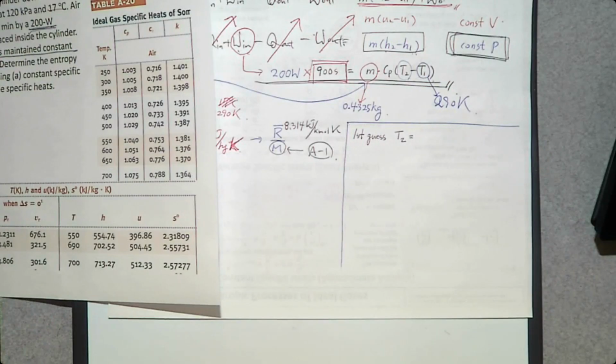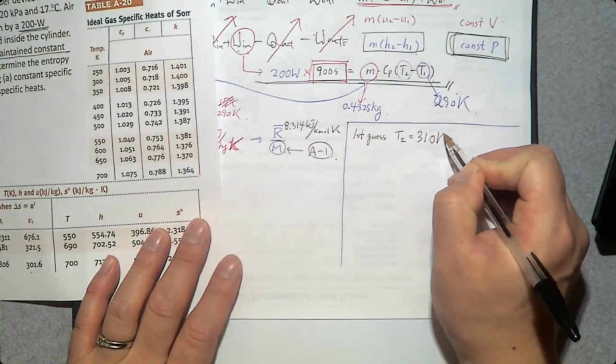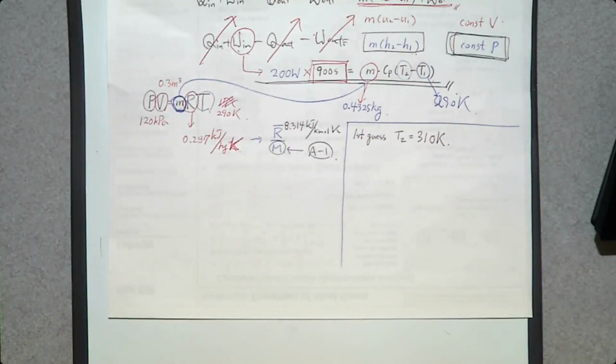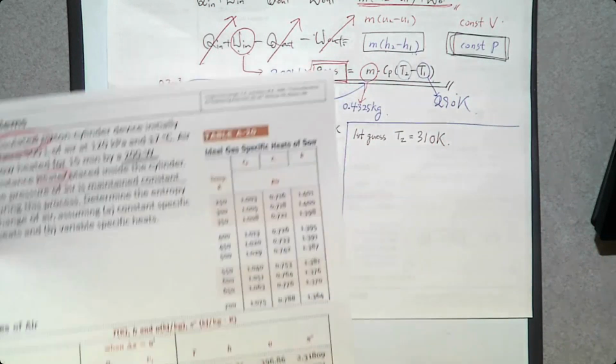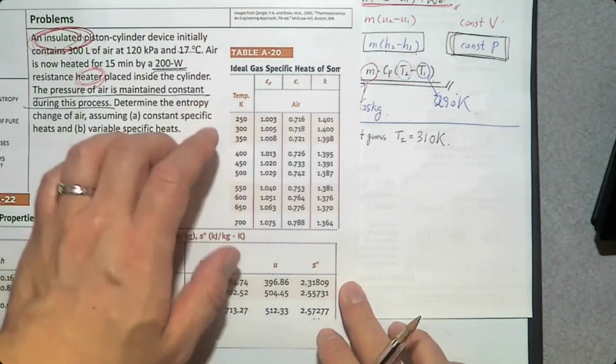I think there is a temperature increase because there's an electric resistance heater inside providing energy to the system. So let's say T2 is going to be 310 Kelvin. You can pick any number: 300 Kelvin, 400 Kelvin, 3000, even 3 million Kelvin. Any number is fine.